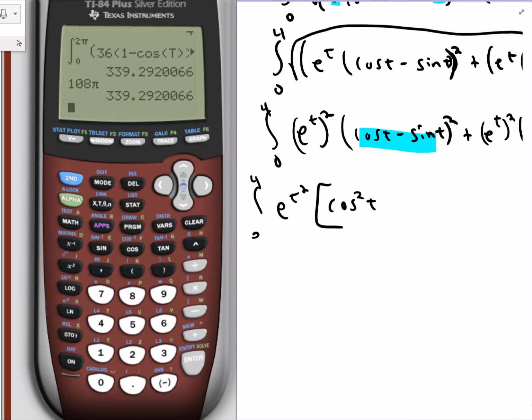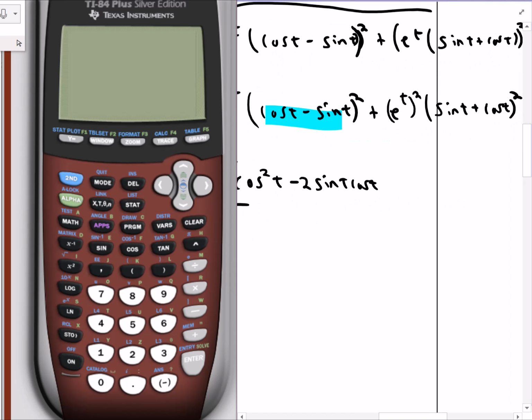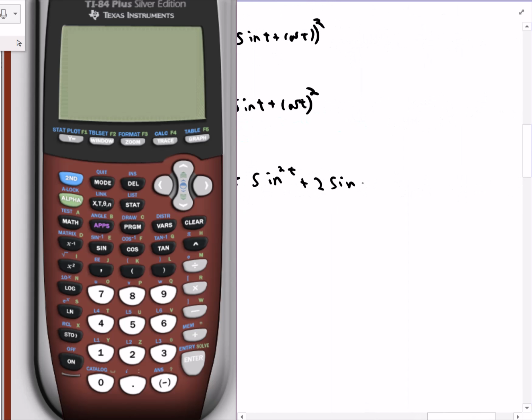I'm using FOIL. Cosine squared t minus 2 sine t cosine t plus sine squared t. I'm going to multiply this one out as well, which is going to be sine squared t plus 2 sine t cosine t plus cosine squared t.